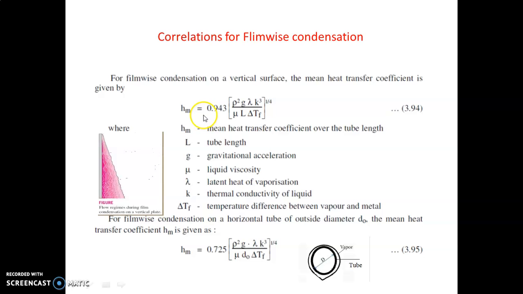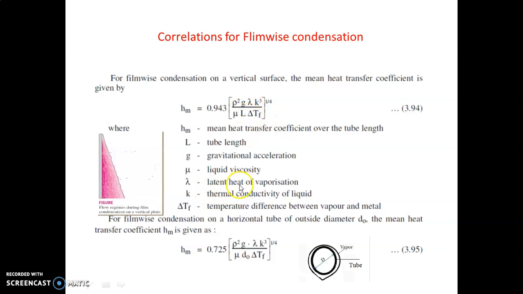For that purpose we have to use this formula. Hm is equal to 0.943 into square bracket, rho square g lambda k to the power 3 divided by mu L delta Tf, square bracket complete, and the whole bracket is raised to the power 1/4. Here this is the constant, rho is the density of the condensate, g is the gravitational acceleration, which is equal to 9.81 meter per second square.